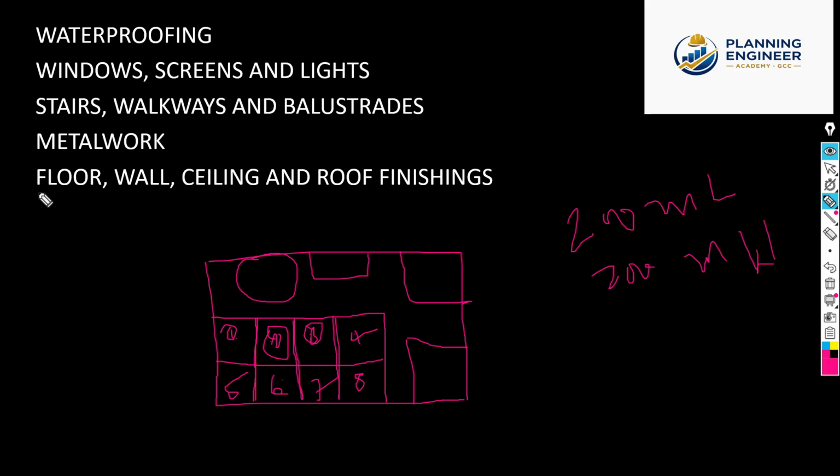But suppose there is only one project and the building is very big, as I told you the length and width is 200 meter. So we cannot cast the concrete in this much area, 200 by 200. We cannot cast.